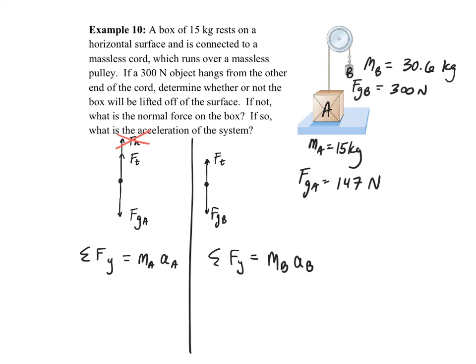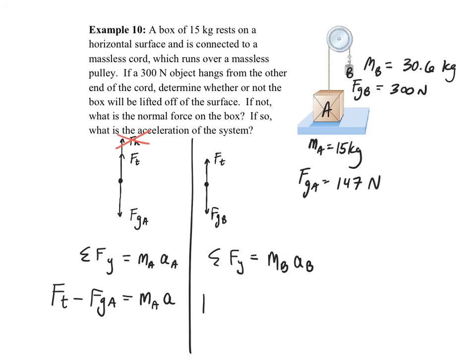Yes, so on the next line, here's what I'm going to write. FT minus FGA equals MA times just A for now. I'm going to drop the subscript of A here. For the other equation, what do you got, Maura?